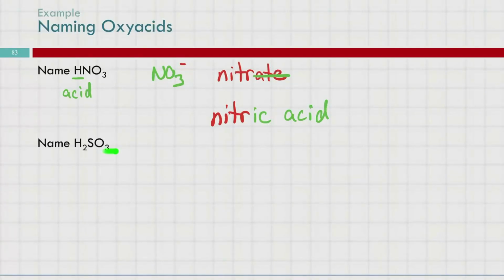We have another example with H2SO3. We know that it's an acid because it starts with H. So we've got an acid, and so we would be looking for something that looks like SO3. We could figure out it's a 2 minus because we've got 2 H's in the front. So we'd find on our green sheet something that looks like SO3.